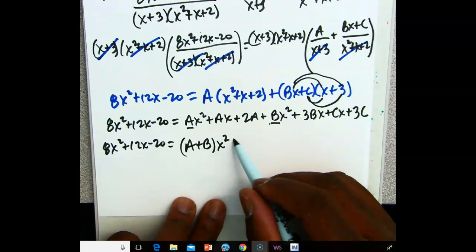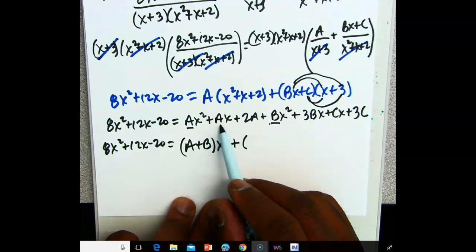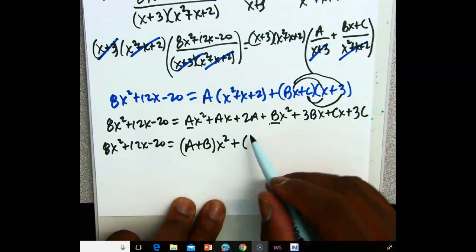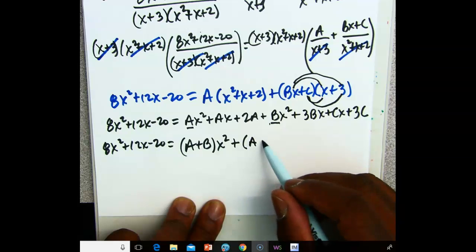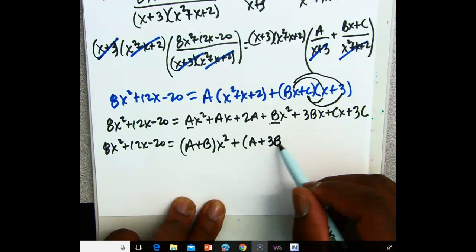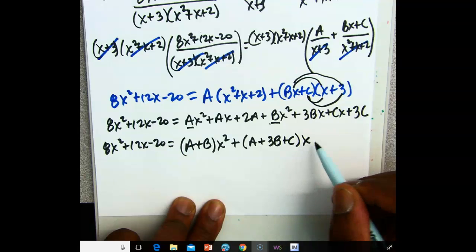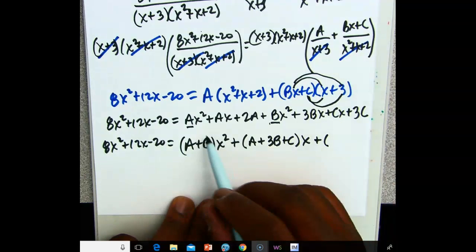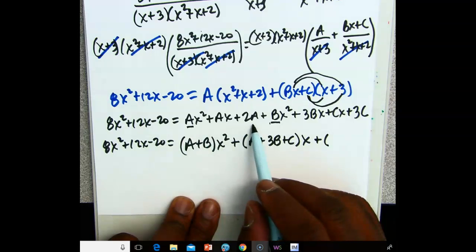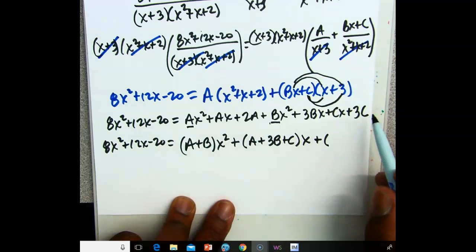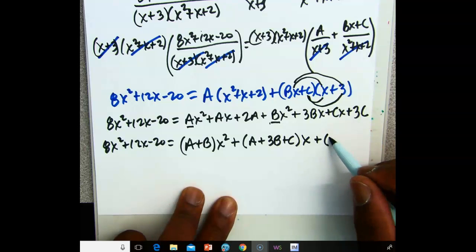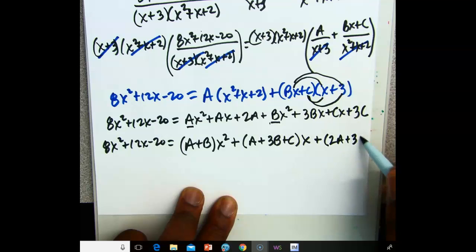With our x's, we have an Ax, a 3Bx, and a Cx. So that's A plus 3B plus C times x. And then finally for our constants, we have a 2A and a 3C. Are those our only two constants? So 2A plus 3C.